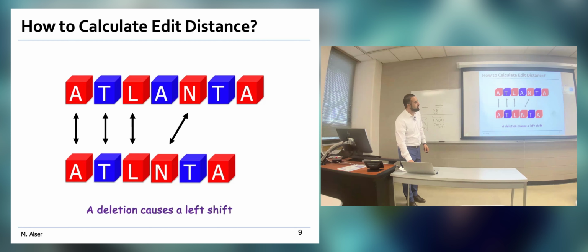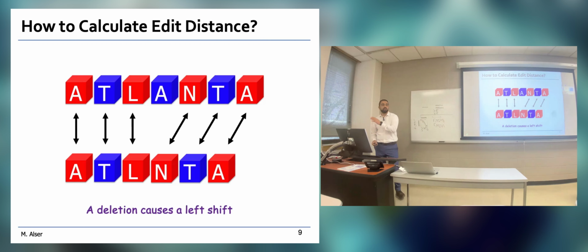And then the comparison will also be shifted. Without shifting, we will have wrong matching. So we have A and N and T, T and A, which is wrong, right? So we really have to shift all the comparison operations in order to capture the similarity between the two strings.